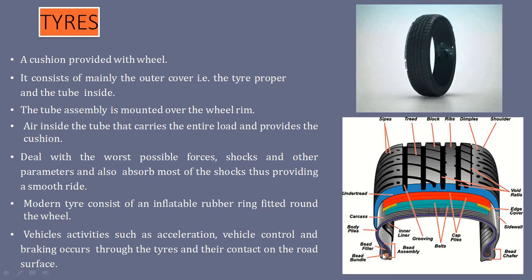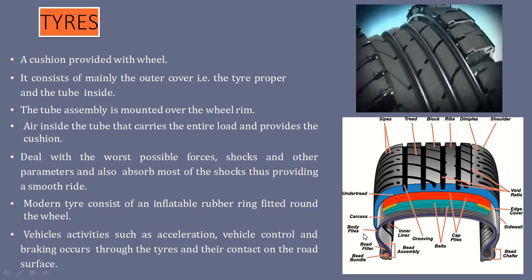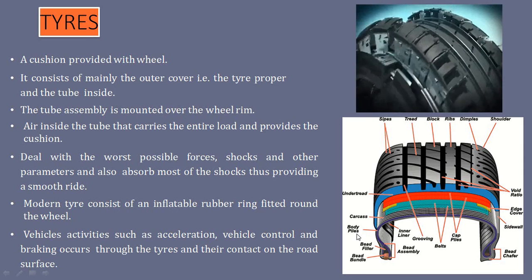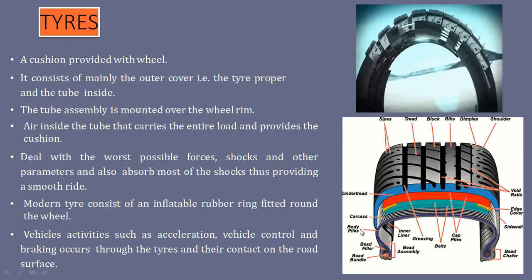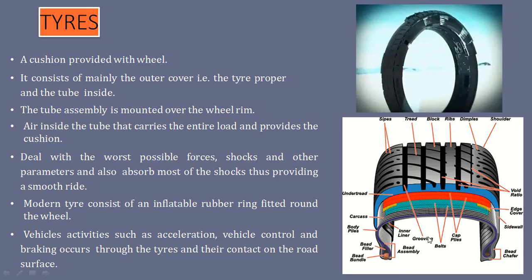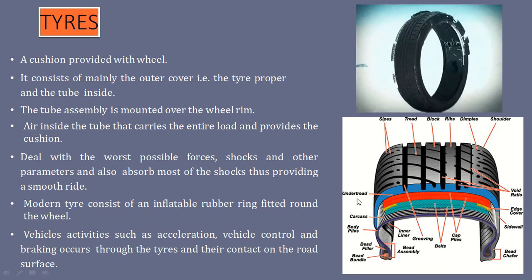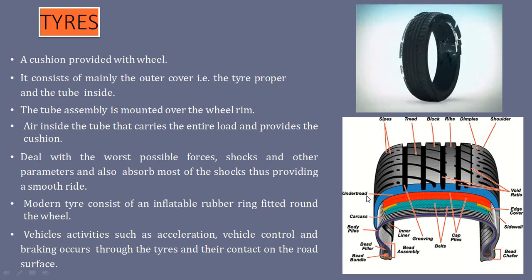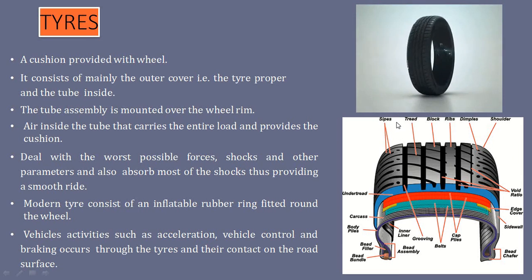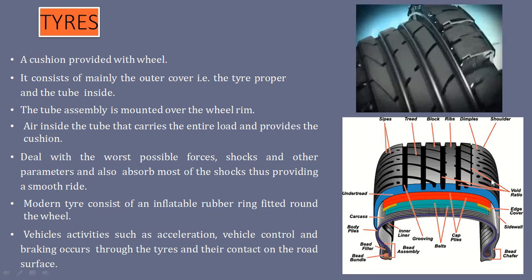In this image, the number of parameters: the bead bundle, next after that the bead filler, the bead assembly, that is assembled inside the wheel, body plies, the number of plies provided under a tread, and sides, and the tread at the middle, blocks, ribs and dimples are provided at the shoulder.